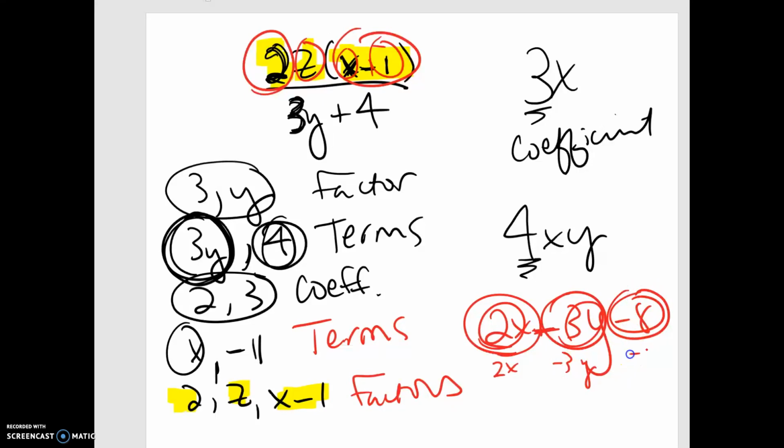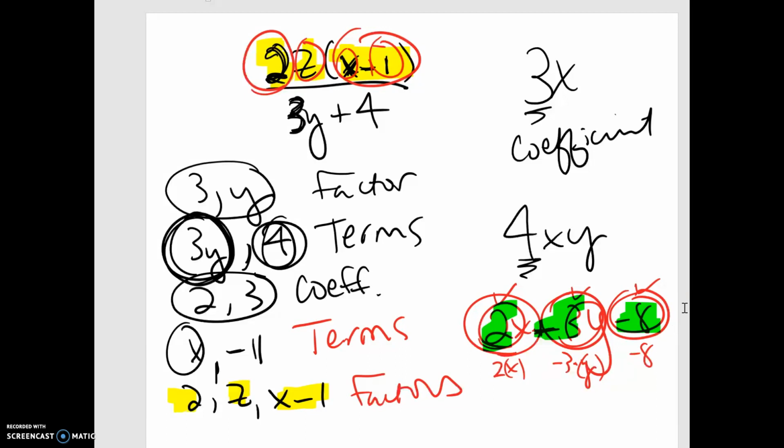And then the -8. So those are all chunks. So those are terms. But then these are being multiplied. So they are factors. And as far as constants go, 2 stays 2. That stays that, stays that. Those are constants. And then coefficients would be, again, these numbers in front. And even -8, you can consider it a coefficient because there's like x to the 0 power there or something like that.